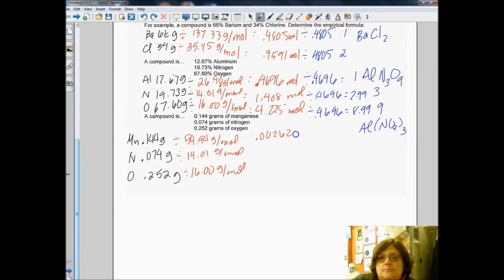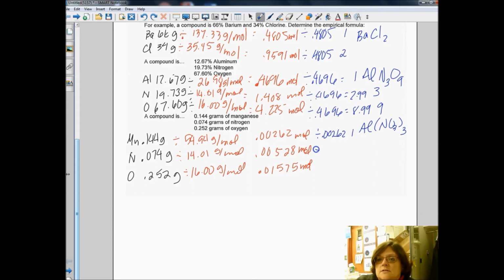0.00262 moles of manganese, 0.000528 moles of nitrogen, and 0.01575 moles of oxygen. To get to a whole number, we divide by the smallest. 0.00262 is the smallest.